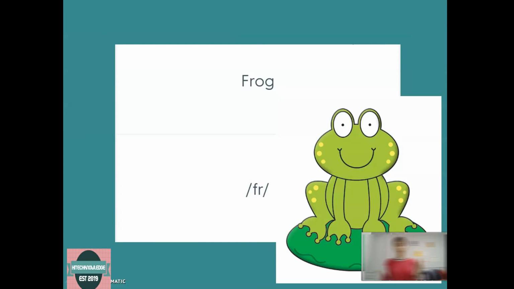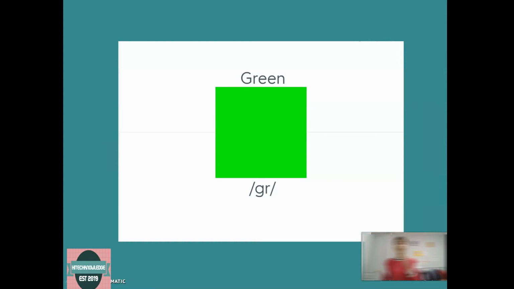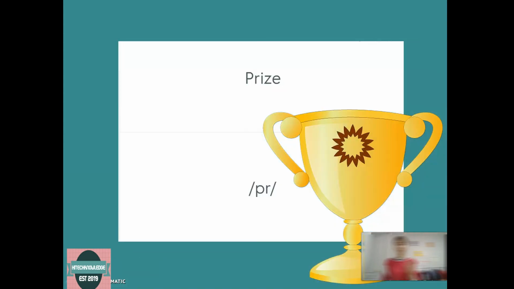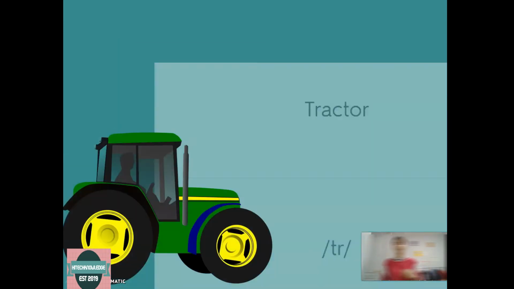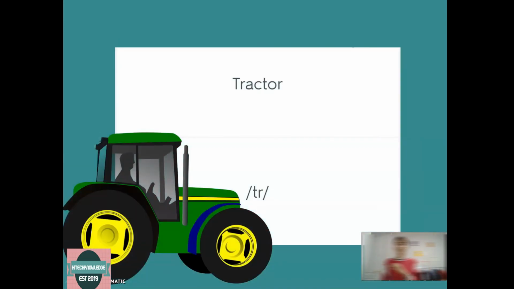Fr, frog. Next, green. Gr, green. Next, prize. Pr, prize. Tractor. Tr, tractor.